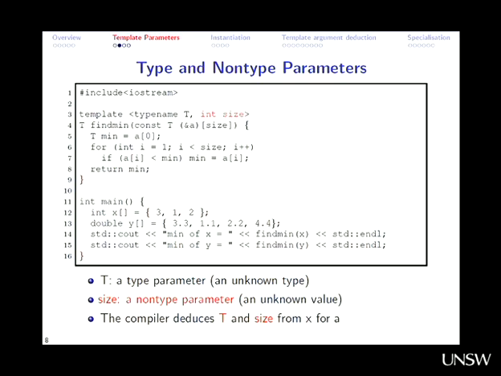And notice that when we call findMin, we're not using the angle braces to describe what those types need to be and what those sizes need to be. The compiler automatically works it out based on what's being passed in as arguments here. We're going to talk about template argument deduction in a few slides' time. But the compiler automatically works out what these types should be and generates us the right behavior.